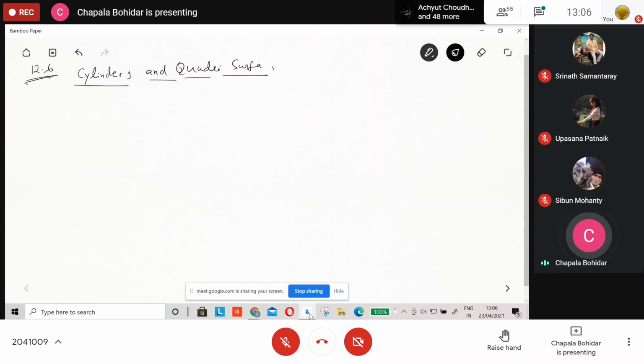These curves are called traces or cross sections of the surface.